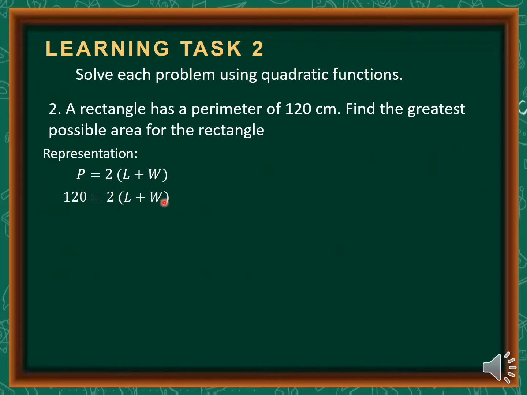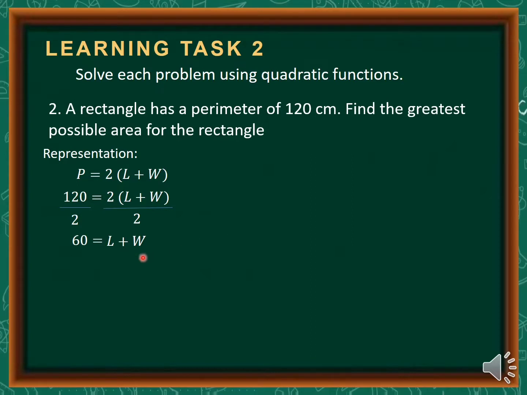Since our target is to find the sum of the length and width, i-divide natin both sides by 2 para ma-eliminate natin si 2. 120 divided by 2, we have 60. So, meaning, 60 is equal to length plus width.